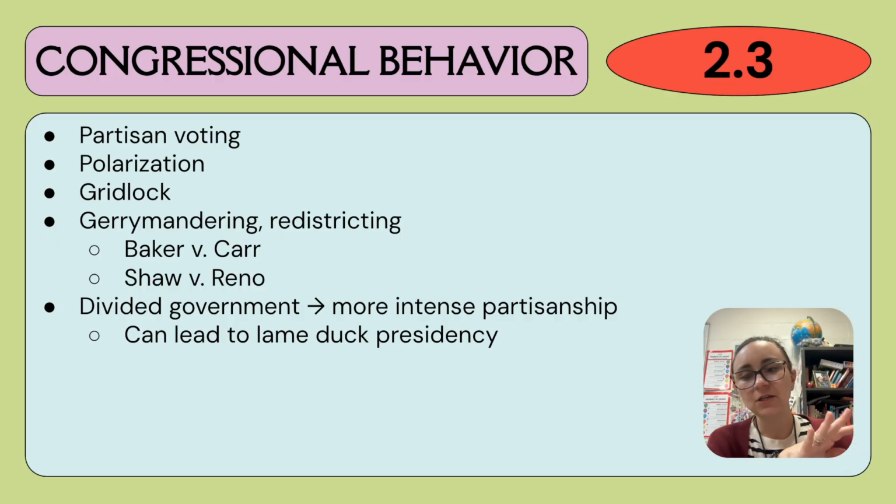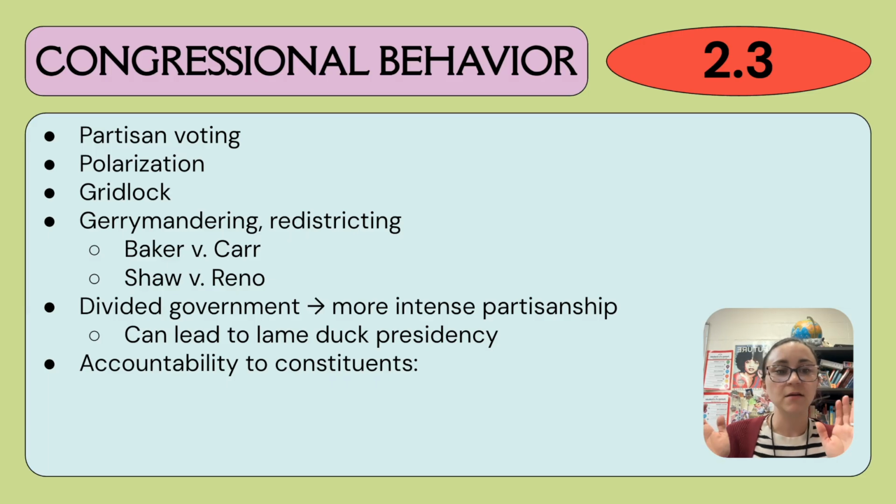The last thing you need to know in this unit, video's almost over, is the 3 models of constituent accountability. What this means is that Congress people have what's called constituents, which are people they represent. And they are accountable to those constituents, which means it's their job to represent those constituents through republicanism.